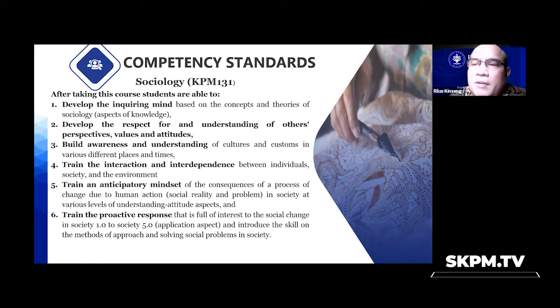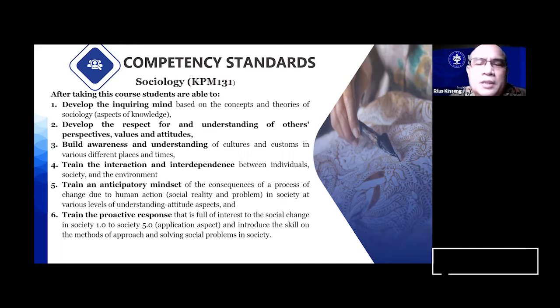If we destroy the environment, that will ultimately destroy ourselves. So we want each one of us to understand this interaction and interdependence, whether among people or between individuals, society, as well as the environment. So this kind of attitude we want to develop, we want to train through this sociology course.